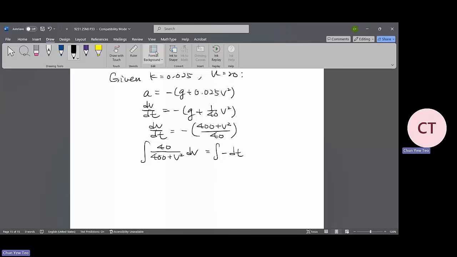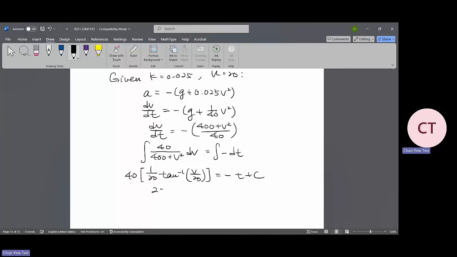For this one, just check the formula booklet, MF19. You can see that it will belong to 1/20 arctangent of V over 20 equal to the negative T plus C.